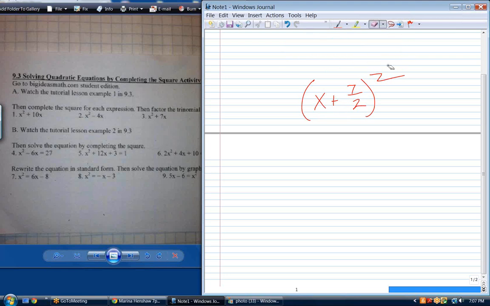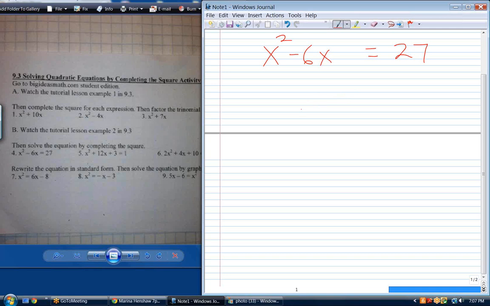I don't particularly like those first 3 exercises because you can't just arbitrarily add numbers to expressions, whereas problem number 4 is an actual equation where I'm going to complete the square, but because I'm completing the square, I need to do whatever I do to the left side of the equation also to the right.